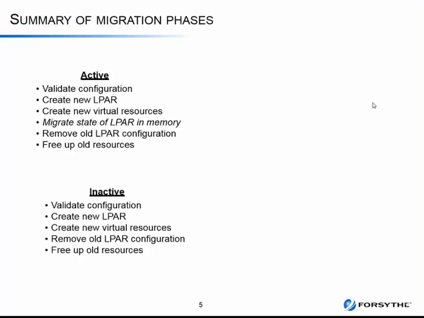A 512 gig LPAR that's very busy is going to take a lot longer to move than a 32 gig LPAR that is doing nothing. We then remove the old LPAR configuration and free up the old resources, so basically the LPAR and all its definitions disappear off the old server.